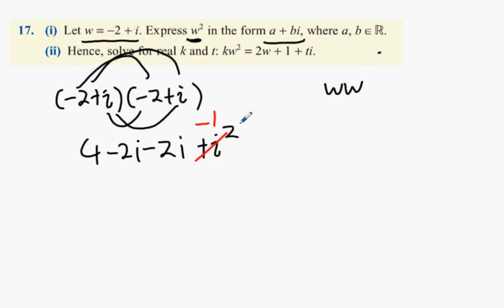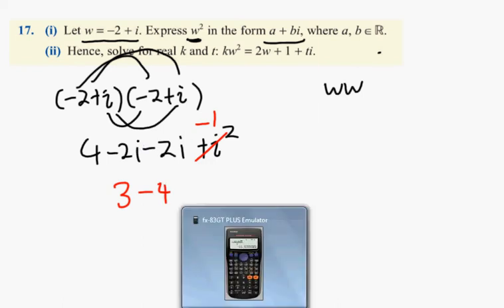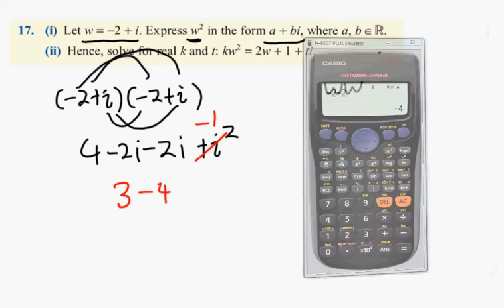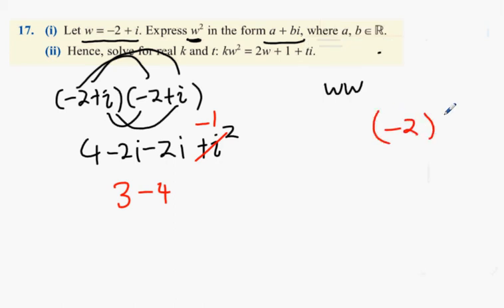Minus 1. So 4 minus 1, and minus 2i minus 2i. It's a double minus, so minus 2 minus another 2 is minus 4. If they were in brackets you'd be multiplying them, but they're not in brackets. So what we have here is 3 minus 4i.